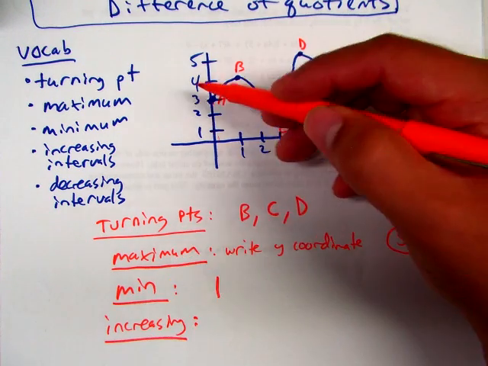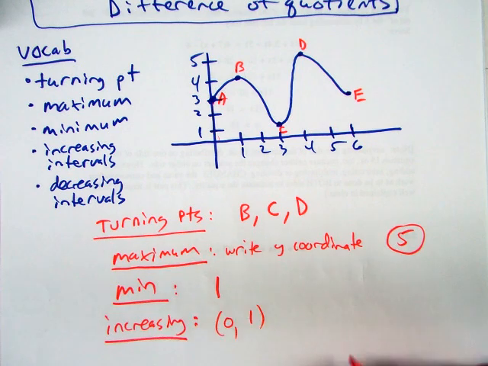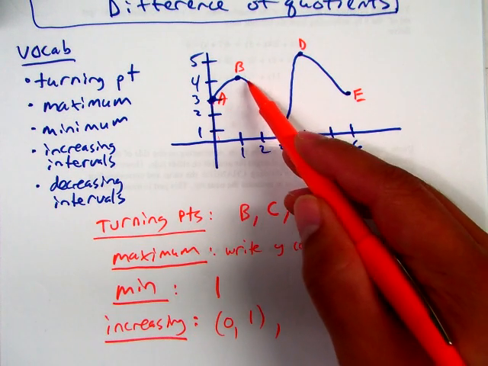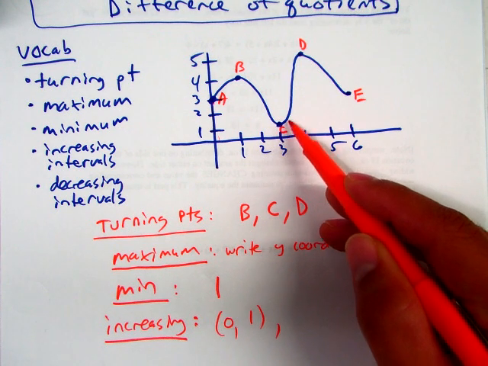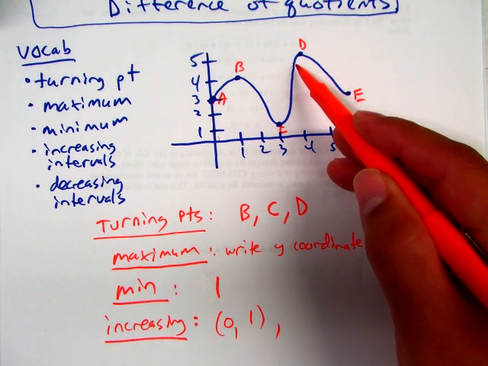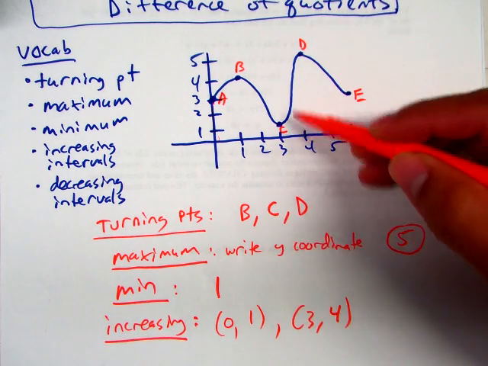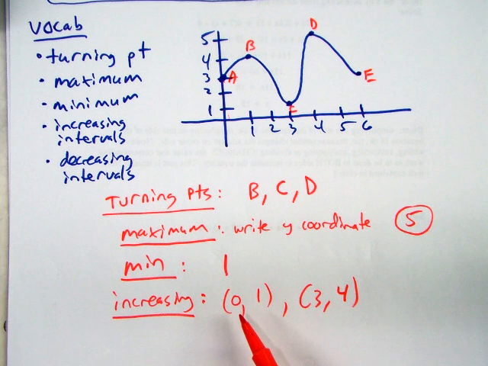X is 0, right? 0 to 1, it's increasing. From B to C, we are decreasing, but from C to D, it's increasing. So from what x to what x? 3 to 4. I'm just listing the intervals where it's going up. This is interval notation, right?